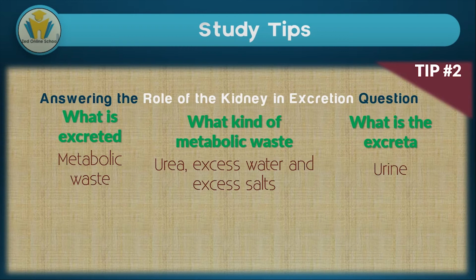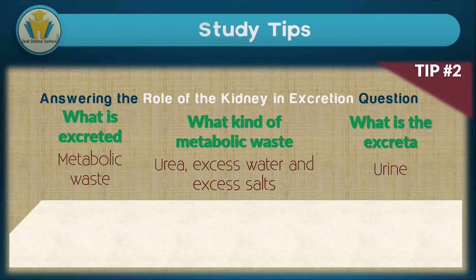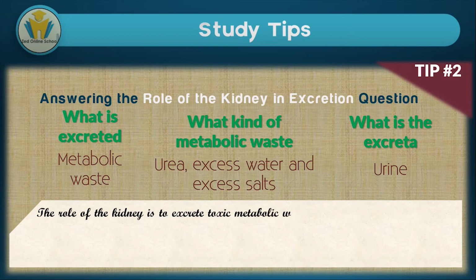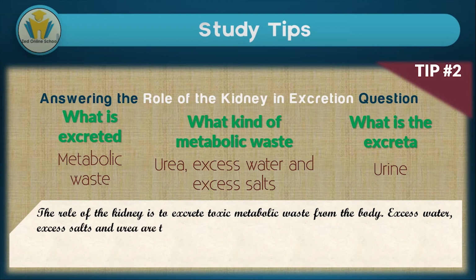With this, we're ready to form at least an explanation you can use to answer such a question if you encountered it. The role of the kidney is to excrete toxic metabolic waste from the body. Excess water, excess salts, and urea are the main metabolic wastes from the body.